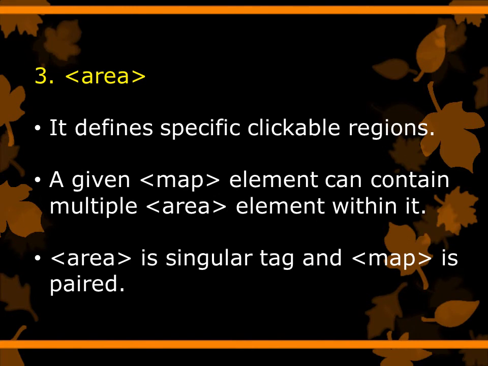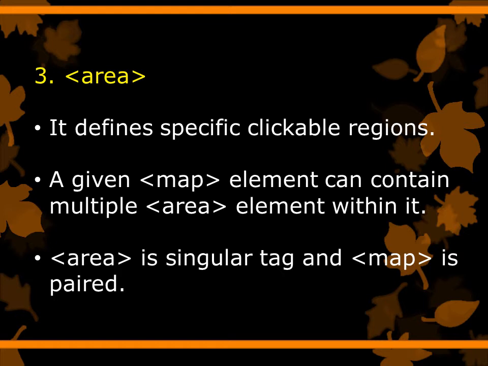Third tag is area. It defines a specific clickable region. As we know, in the image map there are specific regions, that is the clickable regions, and using those clickable regions we can navigate to other web pages, that is the linking between that area and the other web page.